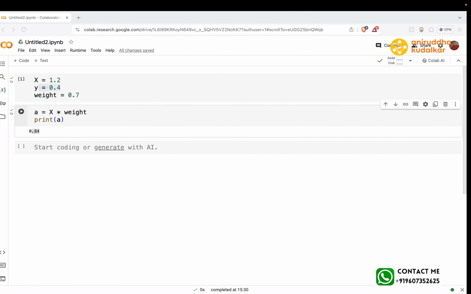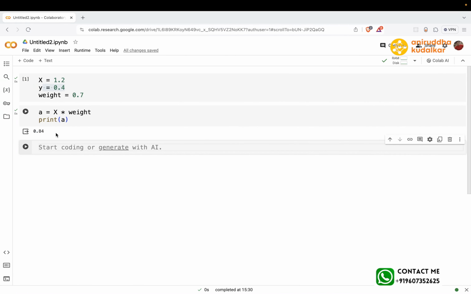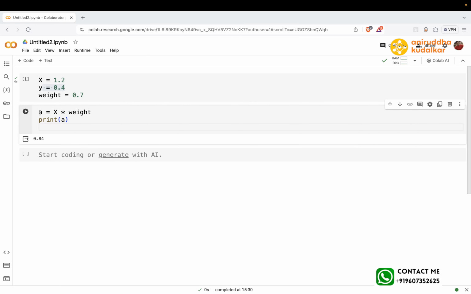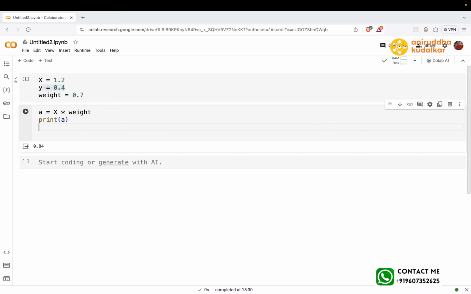Okay, let's go here and do this. So here I print A, which is x into weights, and now I need to calculate the cost or loss, whatever you want to call it. Y is the desired output, A is your predicted output, and it's (A minus y) squared. This is what the cost is.